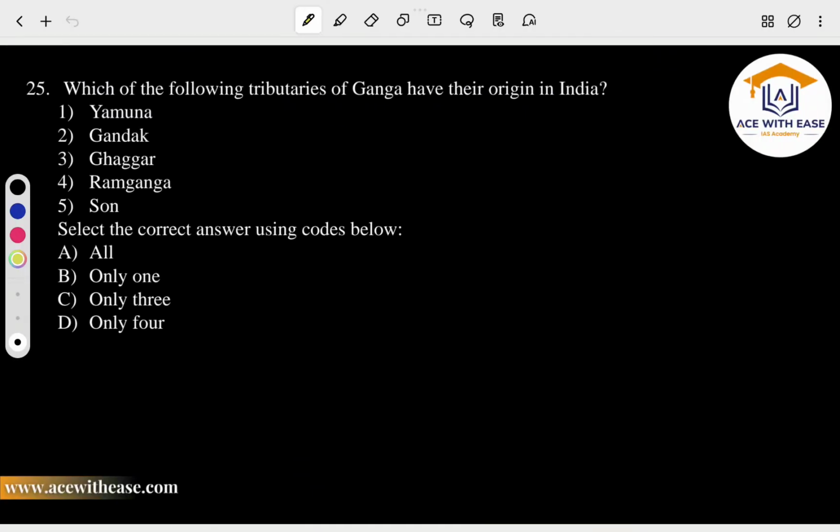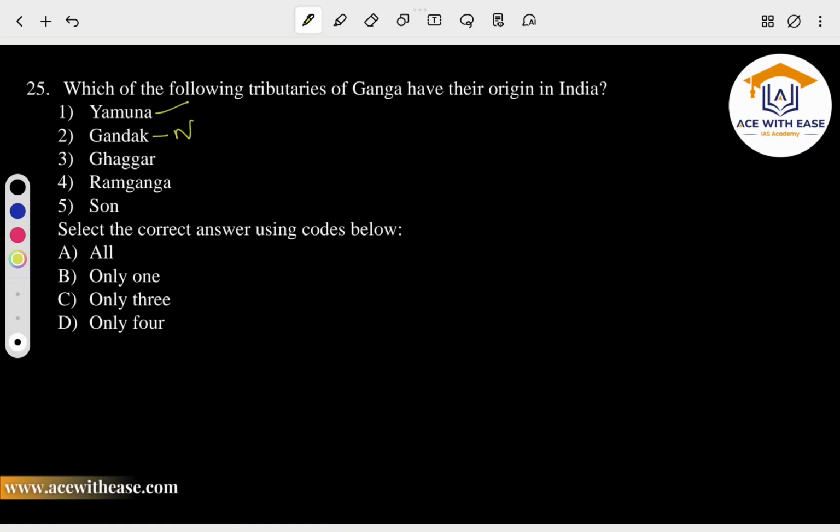25th. Which of the following tributaries of Ganga have their origin in India? The options are Yamuna, Gandak, Ghaggar, Ramganga and Son. According to the origins, we all know that the Yamuna originates in India. Gandak is near the Nepal border in the Greater Himalayas.